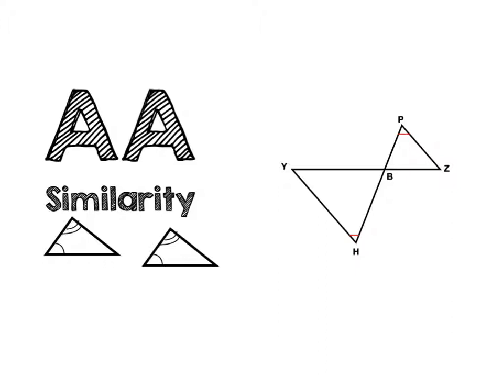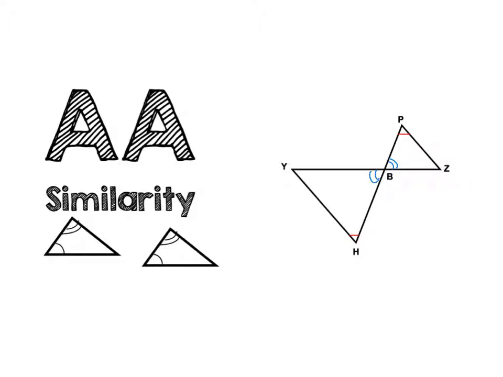Next, we have angle similarity. And this is just saying that if two of the angles in a triangle or in two triangles are congruent, then they're going to be similar triangles. So here we have vertical angles, so I know that those are congruent, and that means that at least two corresponding angles in each triangle are congruent.